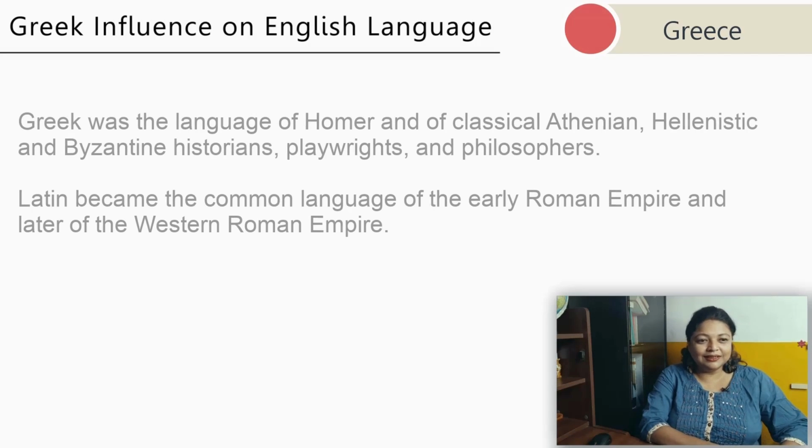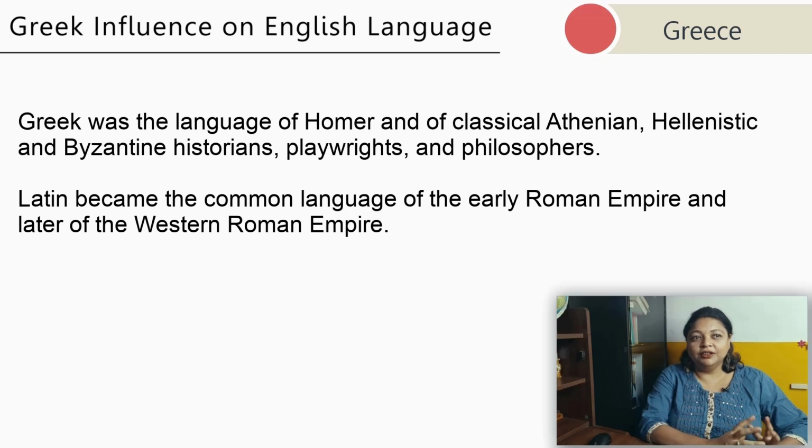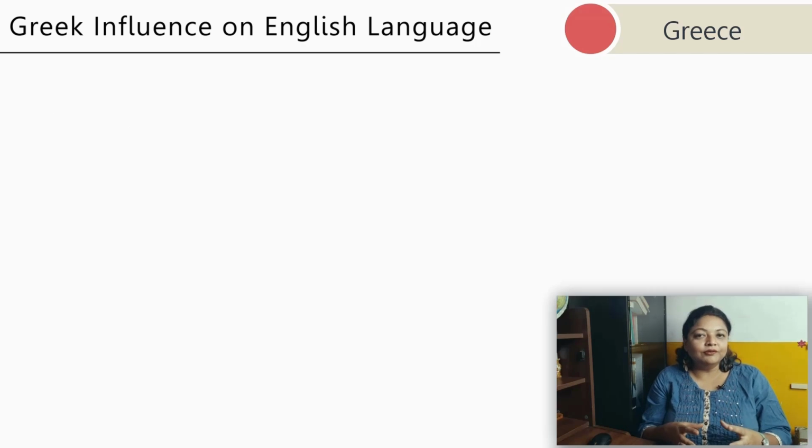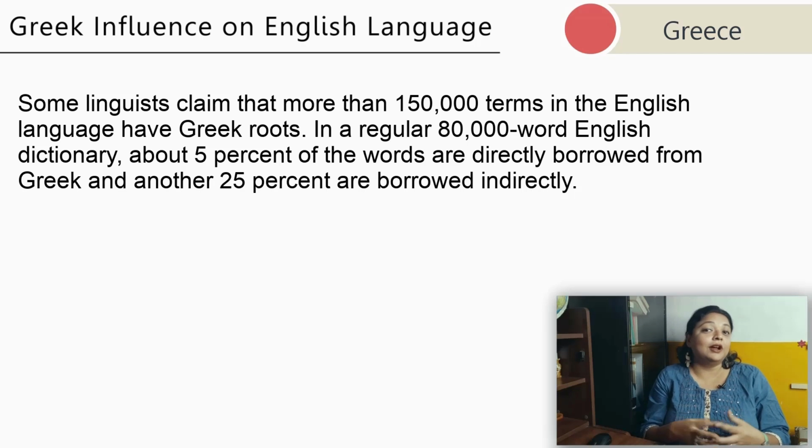Greek and Latin, these languages are known as the classical languages. So they have that element of erudition, that element of sophistication, and therefore the influence of the Greek language is seen in making the English language more erudite, more cultured, and more sophisticated.